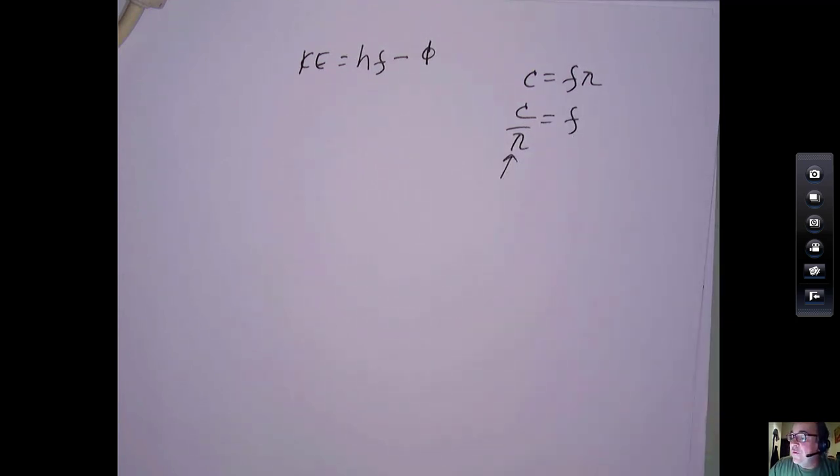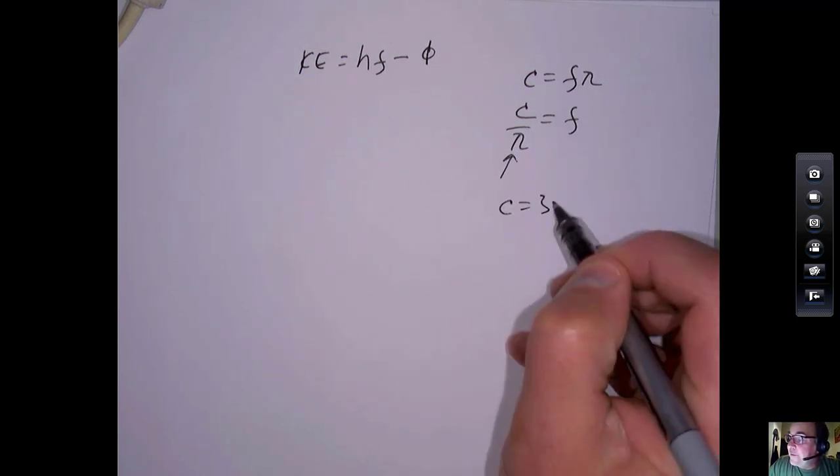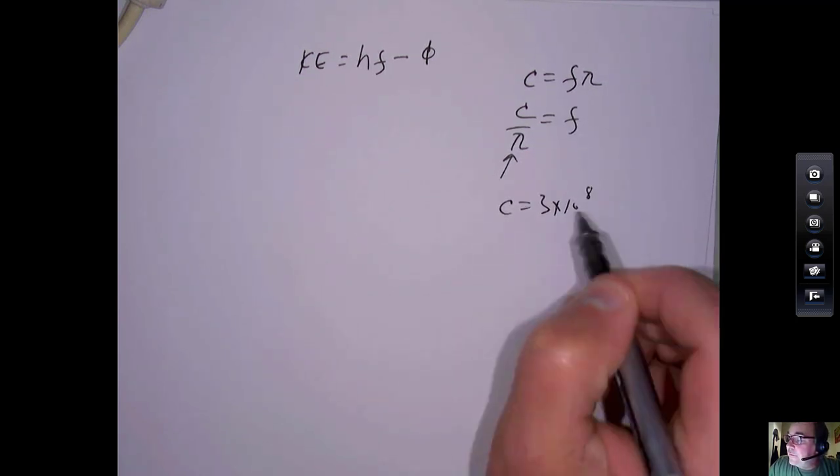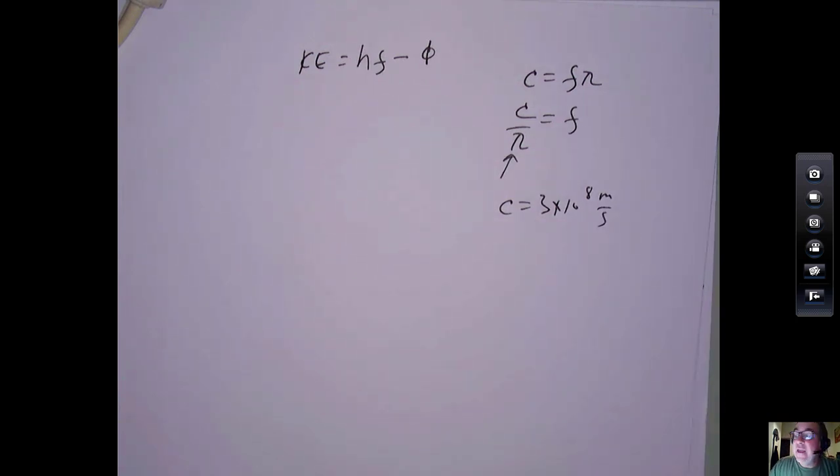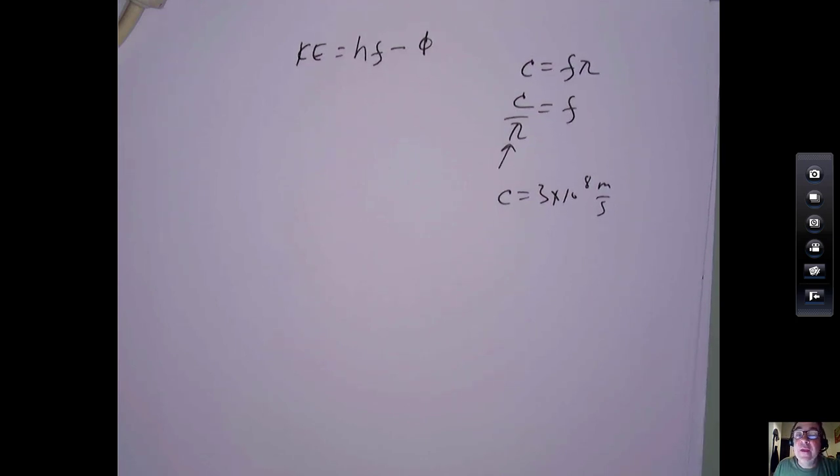This is probably going to be, whatever it is, times 10 to the minus 9th. The speed of light, 3 times 10 to the 8th meters per second. So the frequency will come out in hertz, which is 1 over a second. So don't be surprised if that's a really big number. You'll have to put it in as something probably like times 10 to the 14th power or something like that.